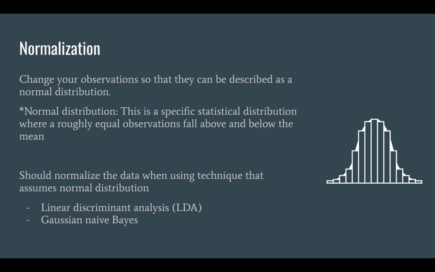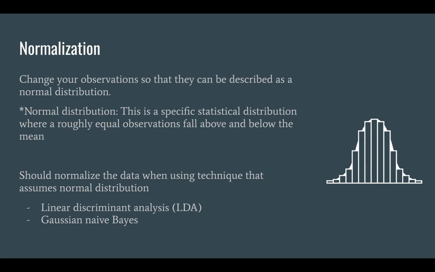This is known as the bell curve. It is a specific statistical distribution where roughly equal observations fall above and below the mean, and the mean and the median are the same. There are more observations closer to the mean, as you can see in this. The normal distribution is also known as the Gaussian distribution.